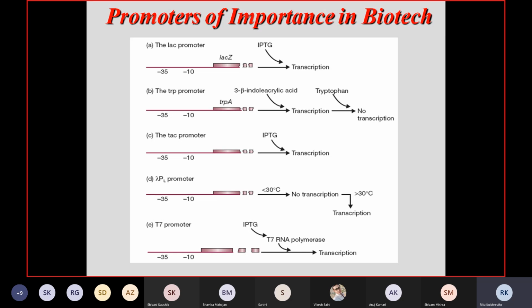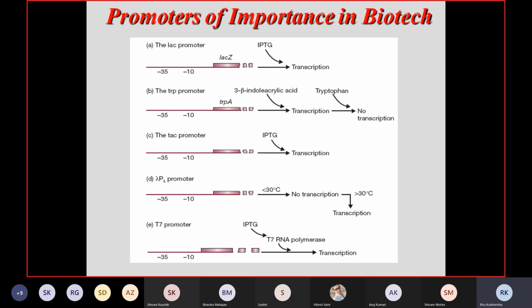No, in many cases you use very strong constitutive promoters also, when you don't much worry about your protein being highly toxic to the cells, and if the high expression of a protein is not affecting the growth of your cells. In those cases, you use very strong constitutive promoters as well.